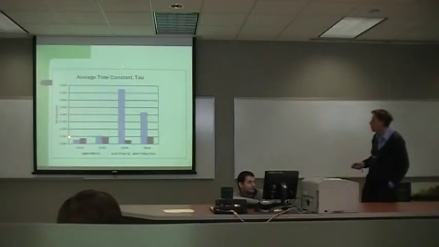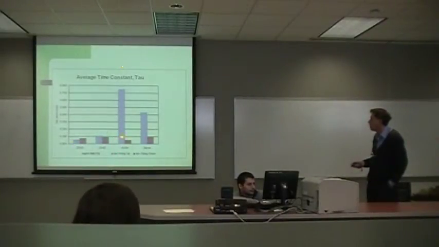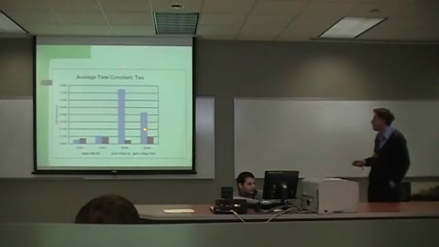Next one. This has to do with the change of the input that we have. This is the time constant, the tau. And as you can see, generally, it's about the same. It's real short, less than 1/10 of a second. Again, we have some outliers here.